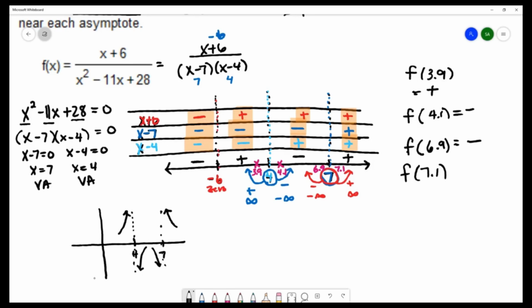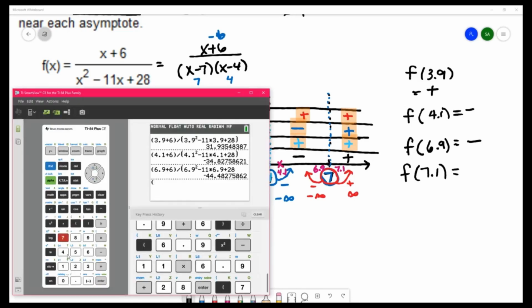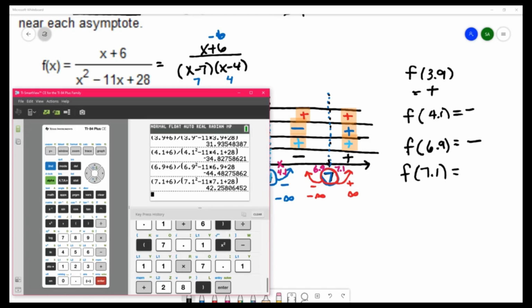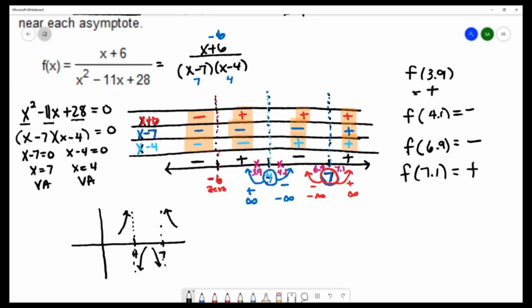7.1 gives us 7.1 plus 6 divided by 7.1 squared minus 11 times 7.1 plus 28, and we get a positive. So hopefully you see that that matches.